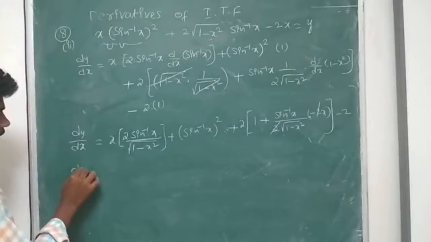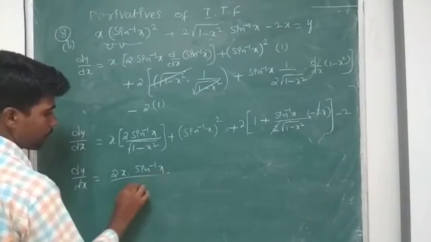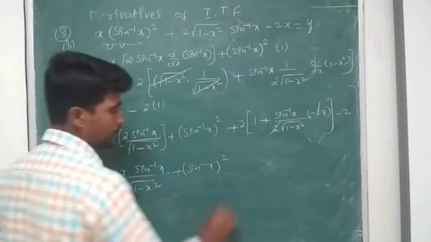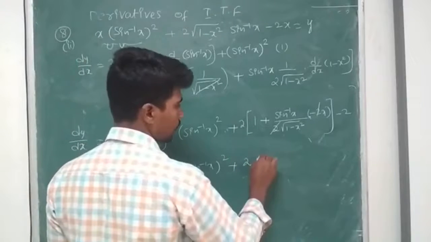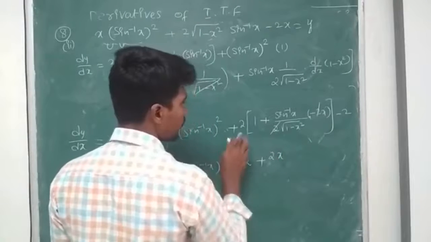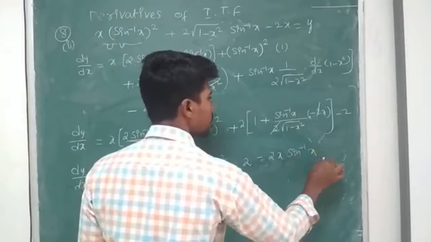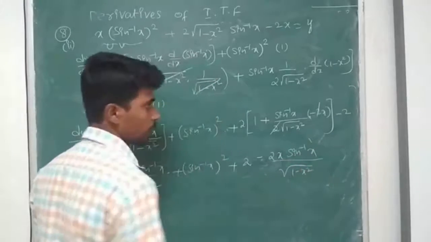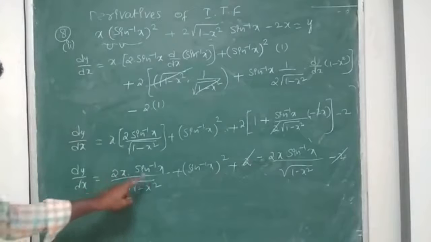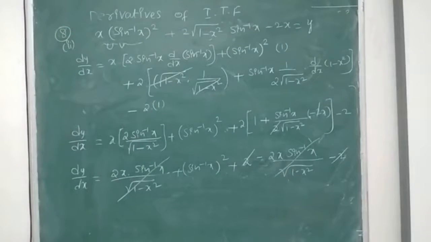So what's the final answer? dy by dx is equal to 2x into sin inverse x by root 1 minus x square plus sin inverse x whole square plus 2 plus 2x, wait, plus 2 into minus x minus 2x into sin inverse x by root of 1 minus x square minus 2, plus 2 minus 2 gets cancelled. 2x into sin inverse x by 1 minus x square under root and minus 2x into sin inverse x by root 1 minus x square gets cancelled.